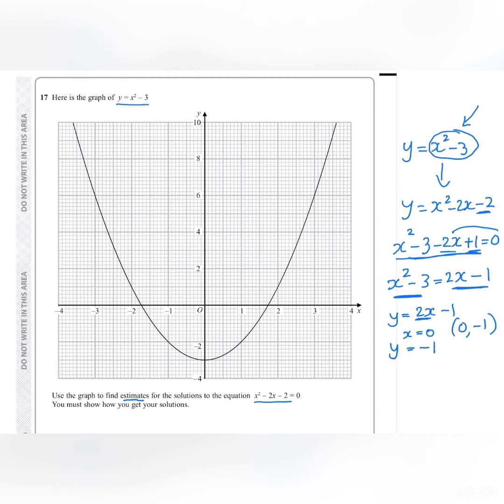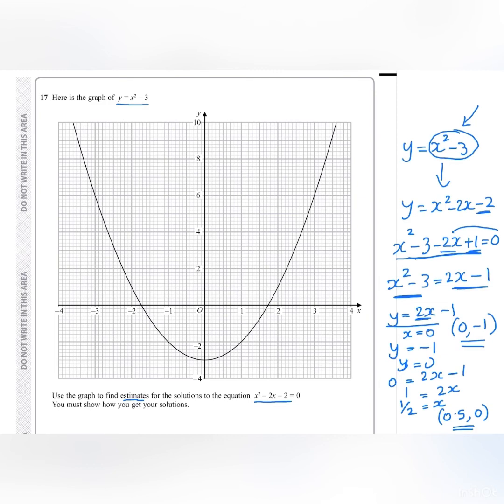Okay, and now when y equals 0, it'd be 0 equals 2x minus 1, and 2x equals 1, and x equals a half. Okay, so we have another set of coordinates when x is 0.5 and y is 0. So I'm going to plot these two points and just draw a straight line between those two points.